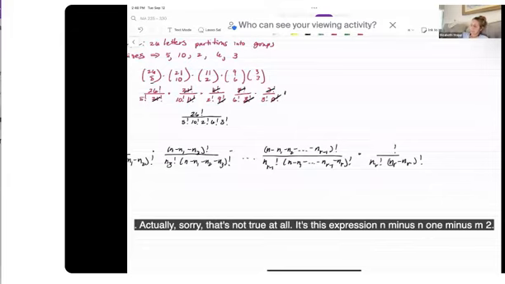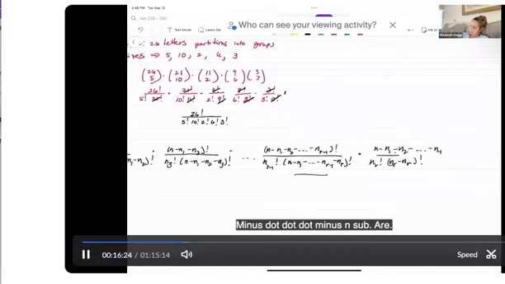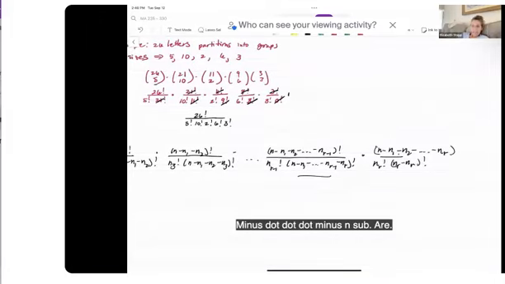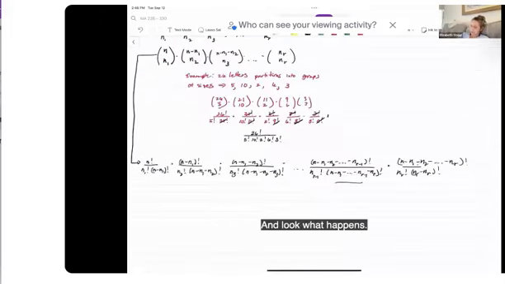Actually, sorry, that's not true at all. It's this expression: n minus n1 minus n2 minus dot, dot, dot, minus n sub r factorial. And look what happens.